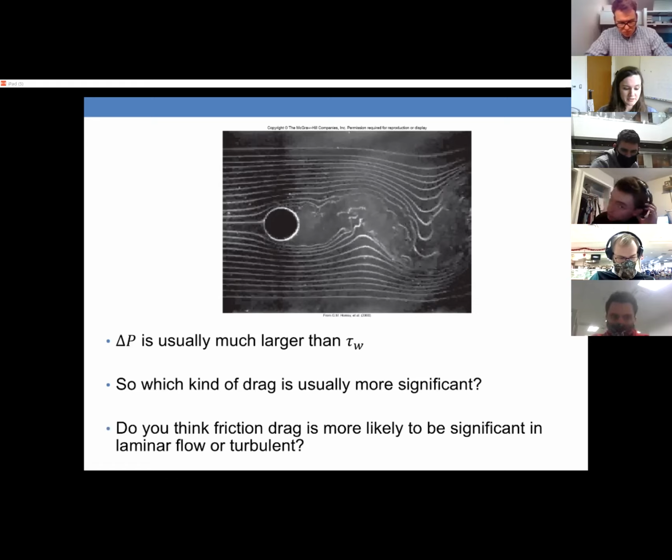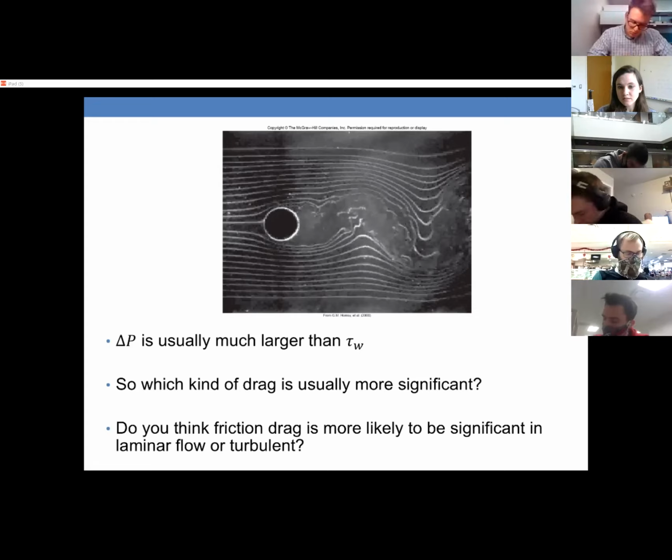So do you think friction drag is more likely to be significant in laminar or turbulent flow? And this time, don't answer out loud, I have a poll.